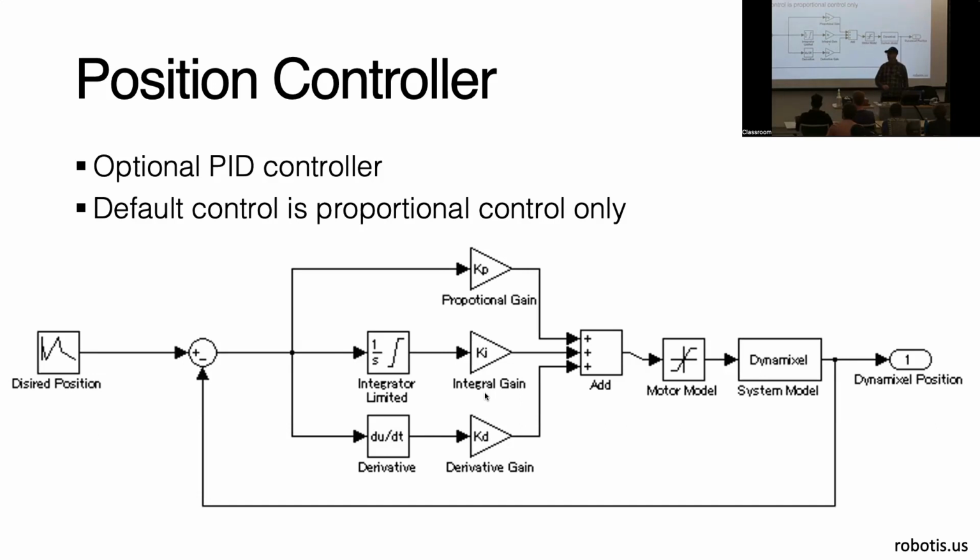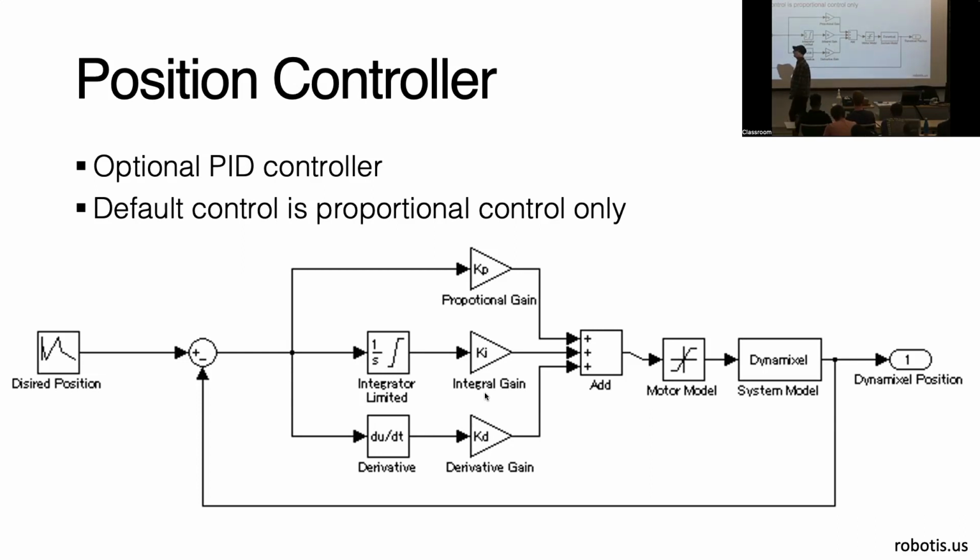Now you have access in this lab or in the arm to adjust the gains of these controllers. They're initially set to reasonable values by the factory, and it's mostly just a proportional controller. If you find that you want to dive deep and tune the gains for better performance of your arm, you are allowed to do that.